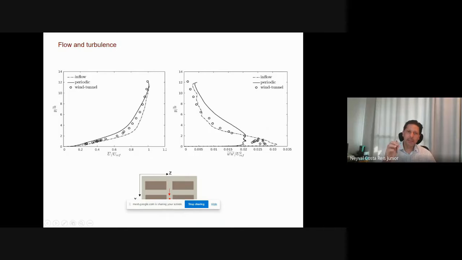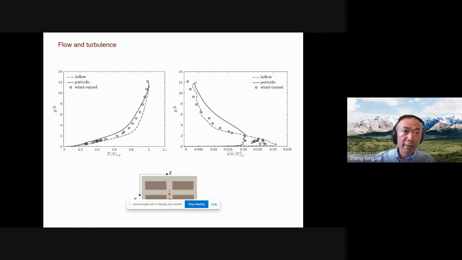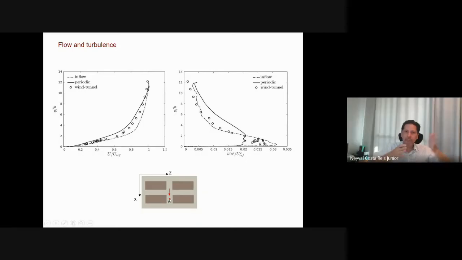So this data that you are showing is the velocity profile averaged over a short stretch, at one point here, right? How far is it from the beginning of the building array?